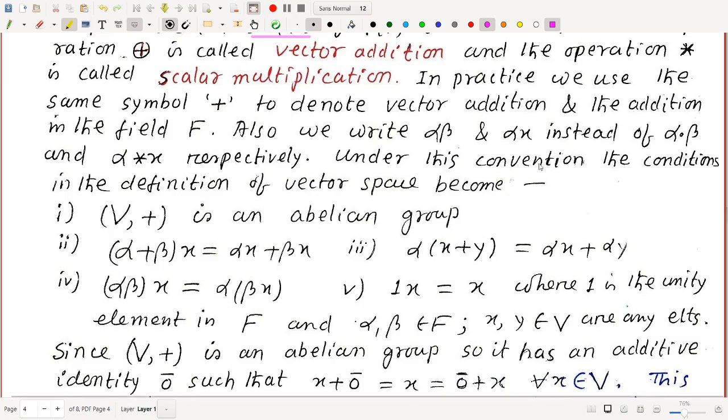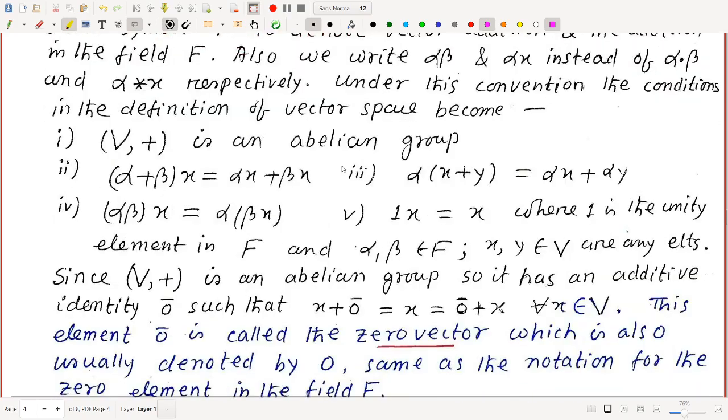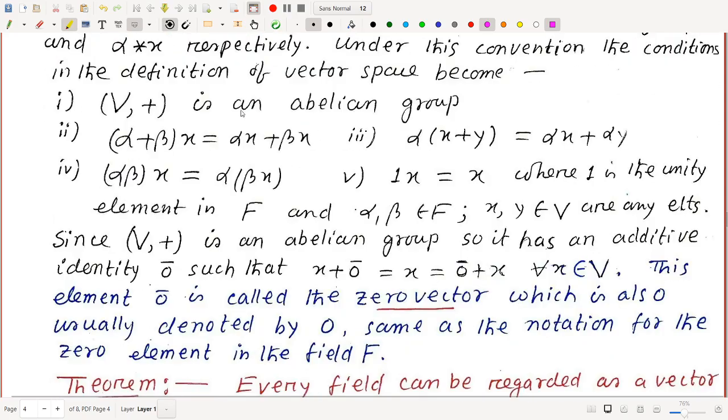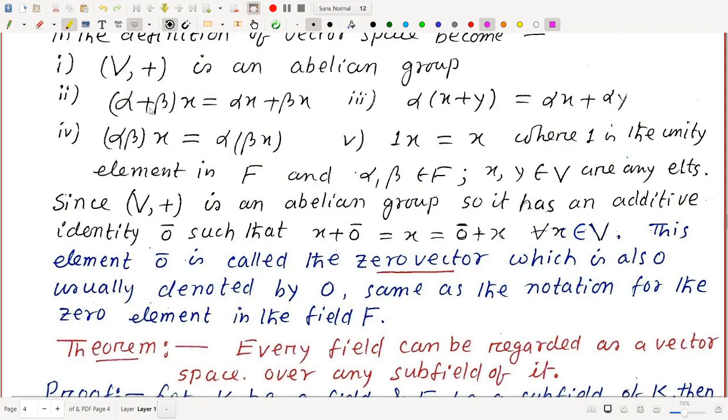These are conventions. Under this convention, the conditions in the definition of vector space look normal, similar, simple. See, V plus is an abelian group. V is an abelian group under addition. Alpha plus beta into x is alpha x plus beta x, similar to our right distributive property of multiplication over addition in real numbers. Alpha into x plus y is alpha x plus alpha y, as if it is the left distributive law of multiplication over addition.